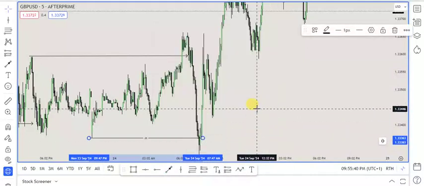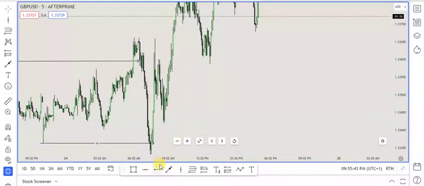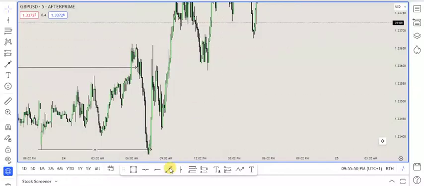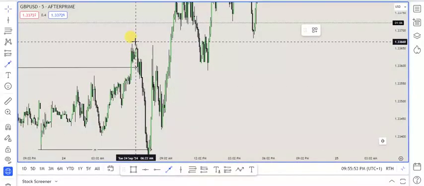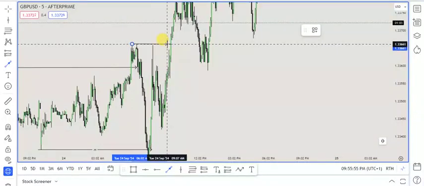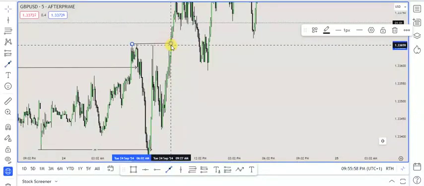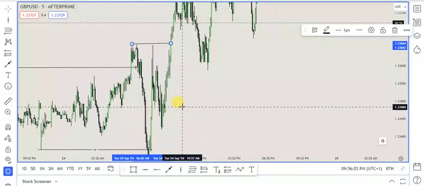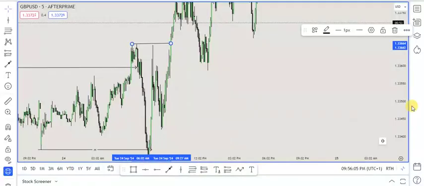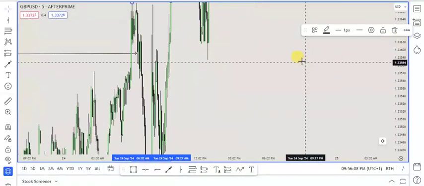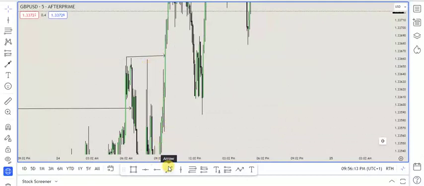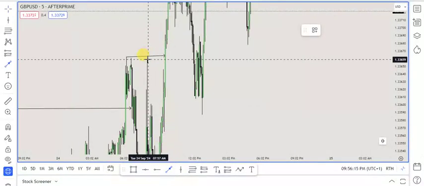Now this is another break of structure. But then inside that break, inside that manipulation, after the manipulation, what did you see? We saw a flag limit, right? Yes, you can see a flag limit right inside that manipulation break. This is our flag limit.